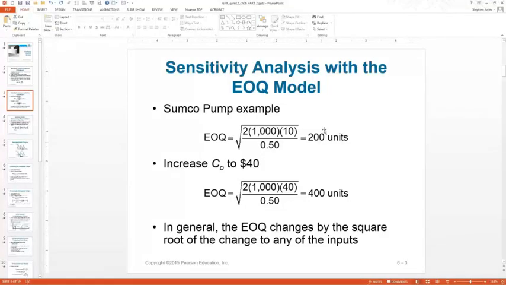Higher costs here will lower this kind of cost, whereas higher costs here will increase the cost. So if you had a combination of those, you might stay with the same EOQ, even though there were vast changes in what your ordering and handling costs were.